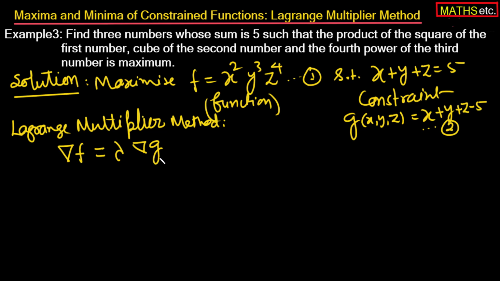And this equation is nothing but a bunch of three equations because we have three independent variables x, y, and z. So we will get the partial derivative of f with respect to x equals lambda times the partial derivative of g with respect to x, equation number 3.